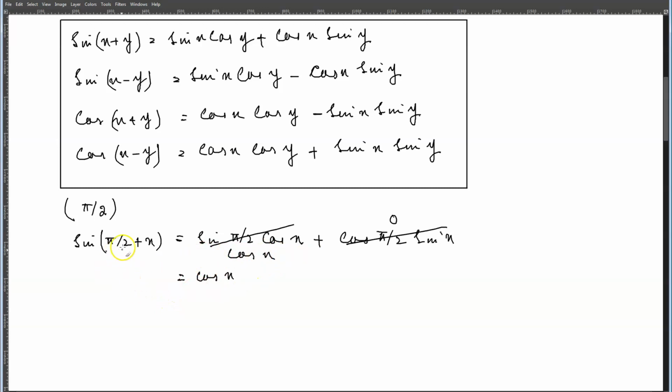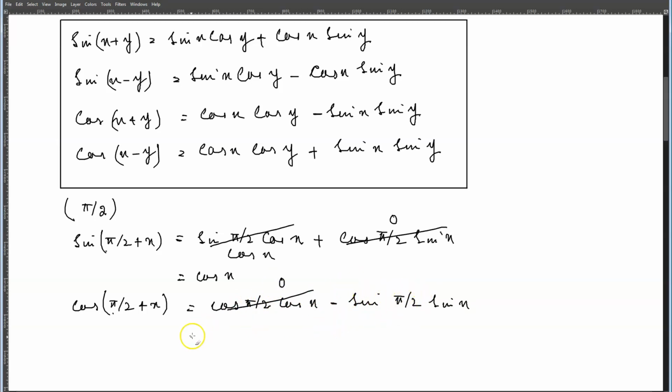Now, what is the cos of pi by 2 plus x? You can use this formula and write it as the cos of pi by 2 cos x minus sine pi by 2 sine x. You know that the cos of pi by 2 is equal to 0, so this whole thing goes to 0. Sine pi by 2 is equal to 1, so that's negative sine x.